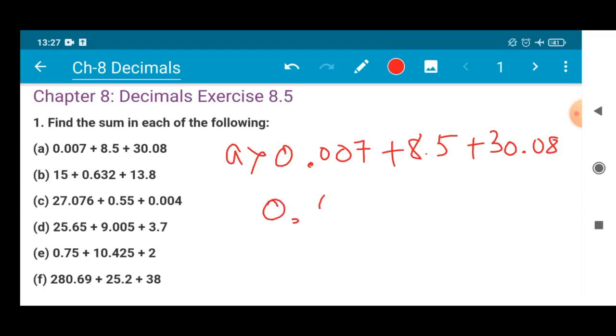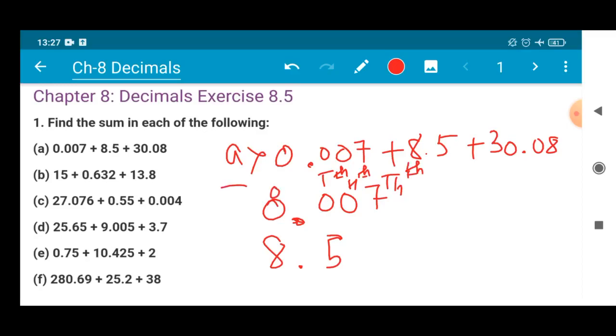So if I have to place it according to the place value, I'll be keeping 0.007. Then 8.5 will be written, 8 should be written, and 0.5 will be written. Most of the students make a mistake here that they write 005. Don't do that, because 5 here is in the tenth position. So this is the tenth position, this is the hundredth, and this is the thousandth position.